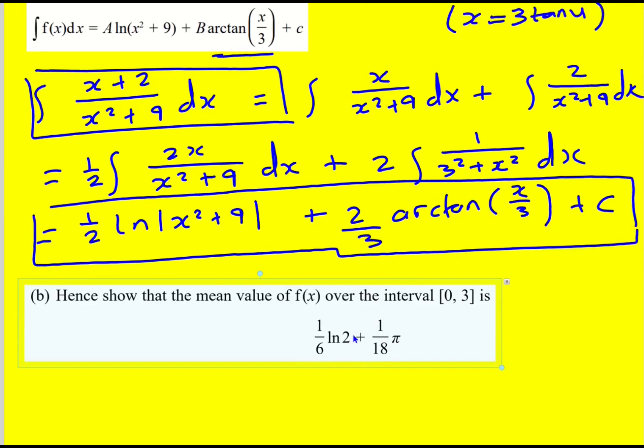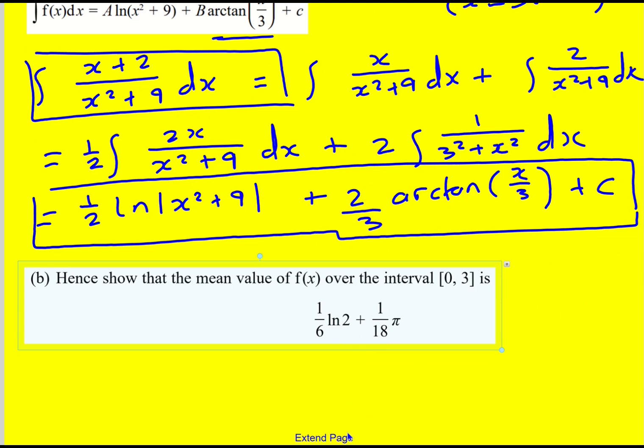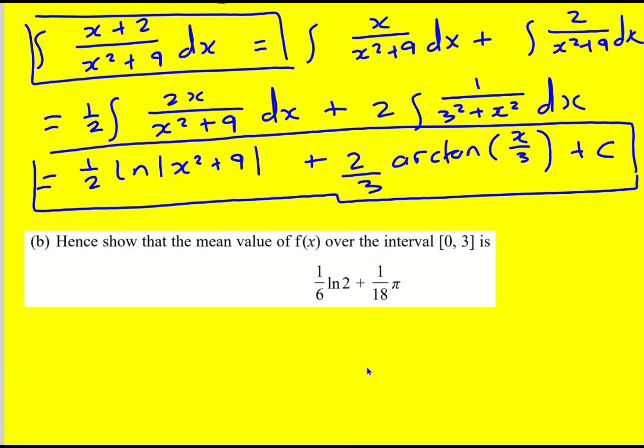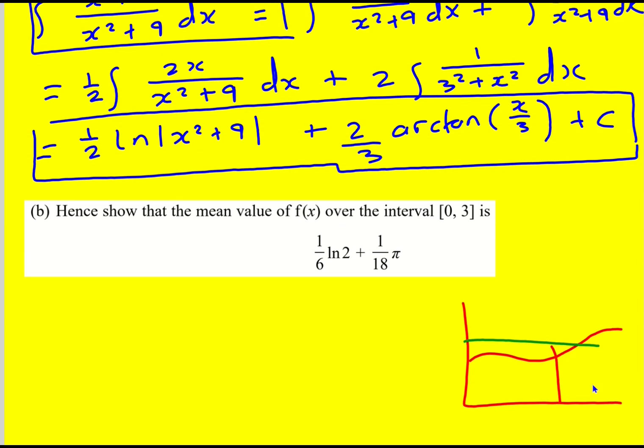Show the mean value of f of x over the integral 0 to 3 is given by this. Well, if we want the mean value of some function, what we do is we make a rectangle. Maybe this here is 3.